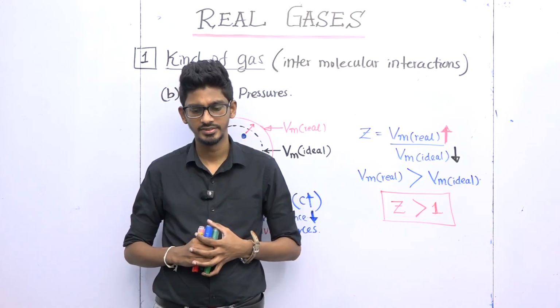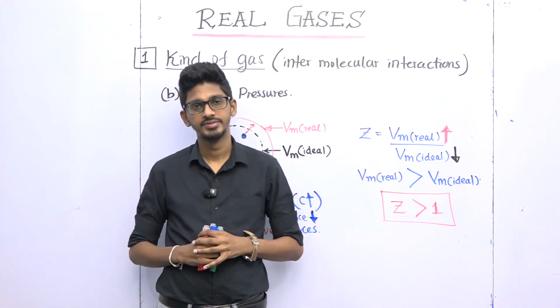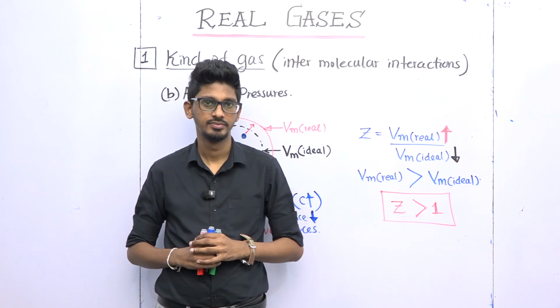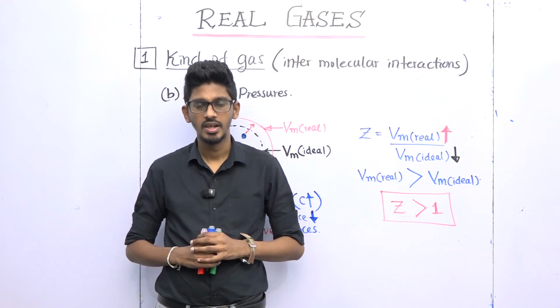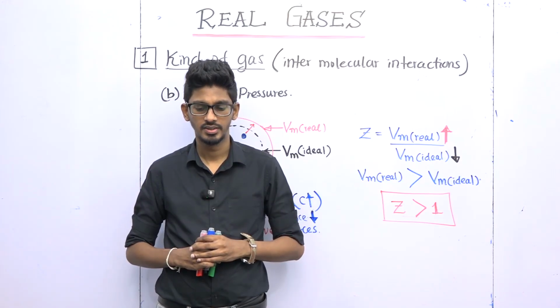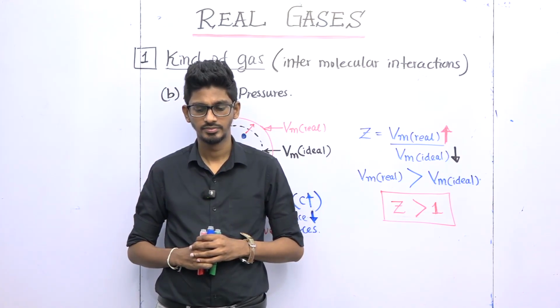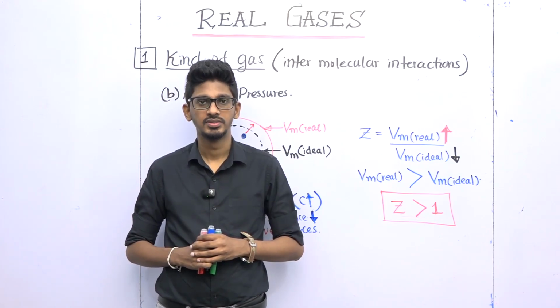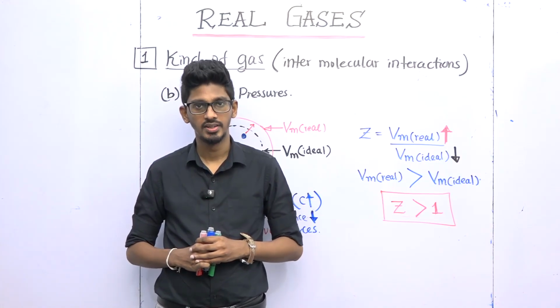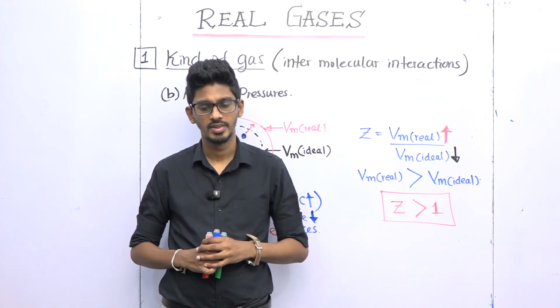At the next line, right? Just write at the next line. So the volume of, within brackets, the space occupied by, close the brackets, 1 mole of gas particles of real gas will be higher than that of an ideal gas, right?